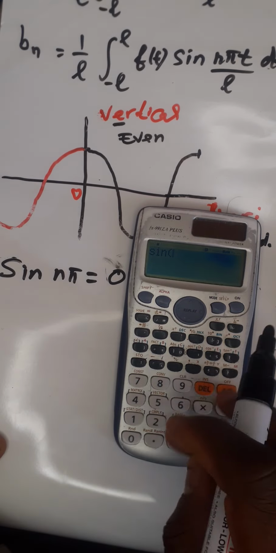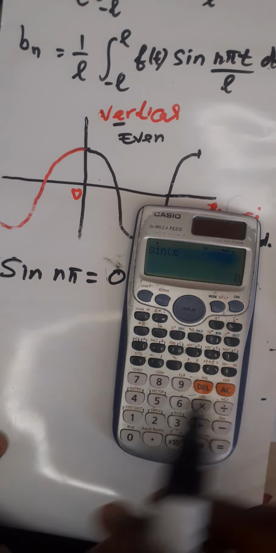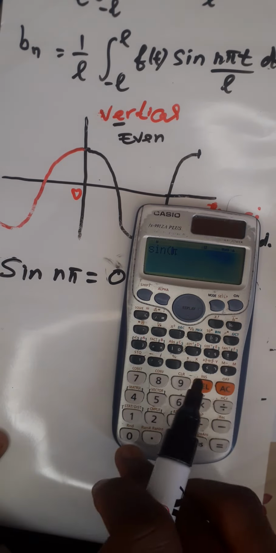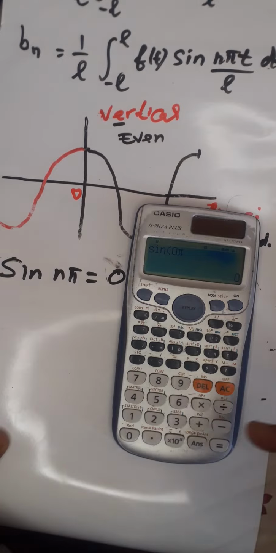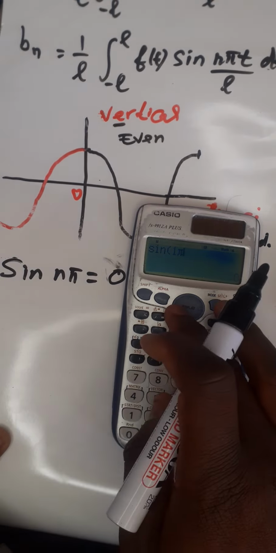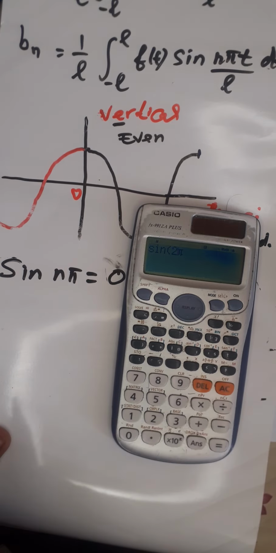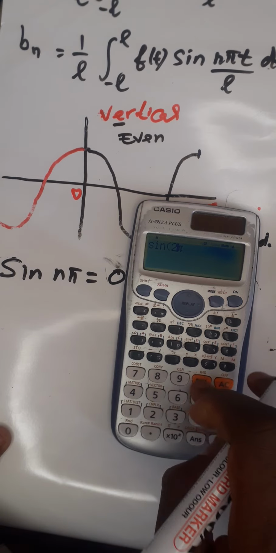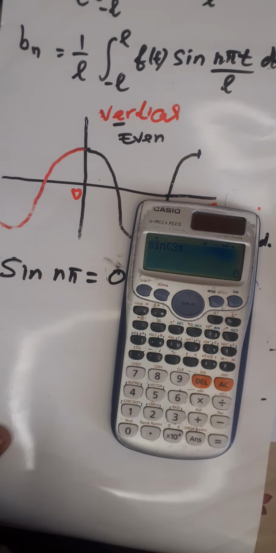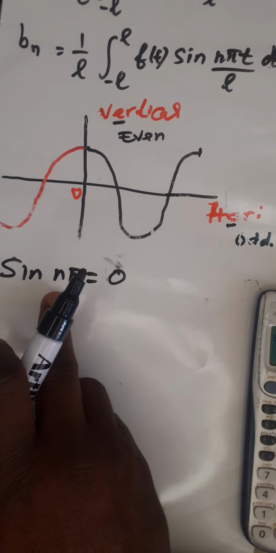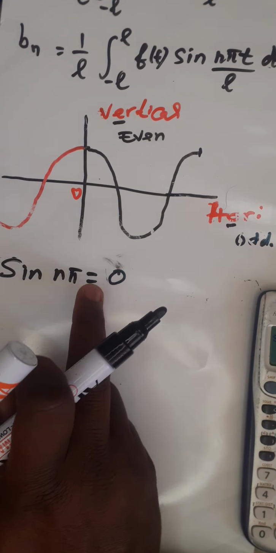If I press sine, please put your mode on radians. Sine of pi gives me 0. No matter what n is: if n equals 0, obviously it's going to give you 0. If n equals 1, it gives me 0. If n equals 2, it's still giving me 0. If n equals 3, it's still giving me 0. You can see that in my calculator, right? So when you see sine of n pi, you can directly replace it by 0.